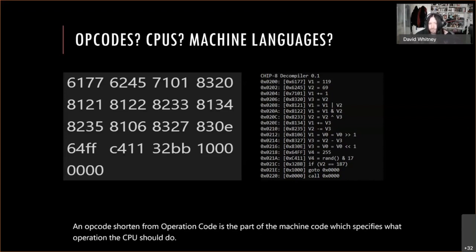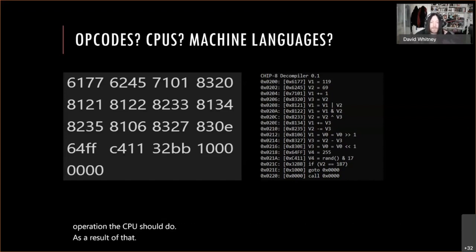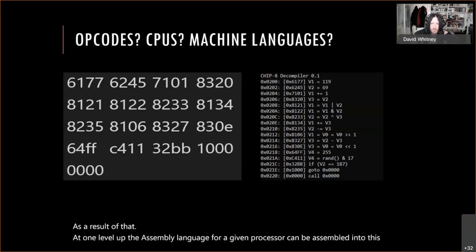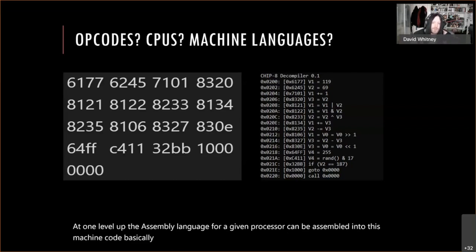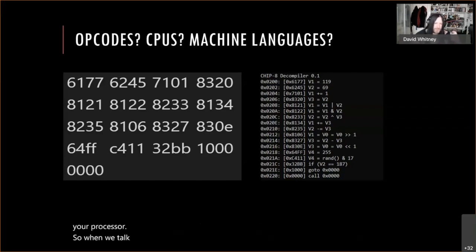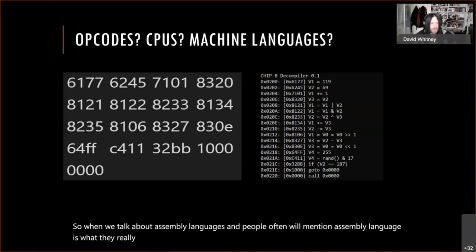As a result of that, at one level up, the assembly language for a given processor can be assembled into this machine code, basically compiled, and is a low-level abstraction over the instruction set of your processor. So when people mention assembly languages, what they really mean is the assembly language for a specific CPU's instruction set.